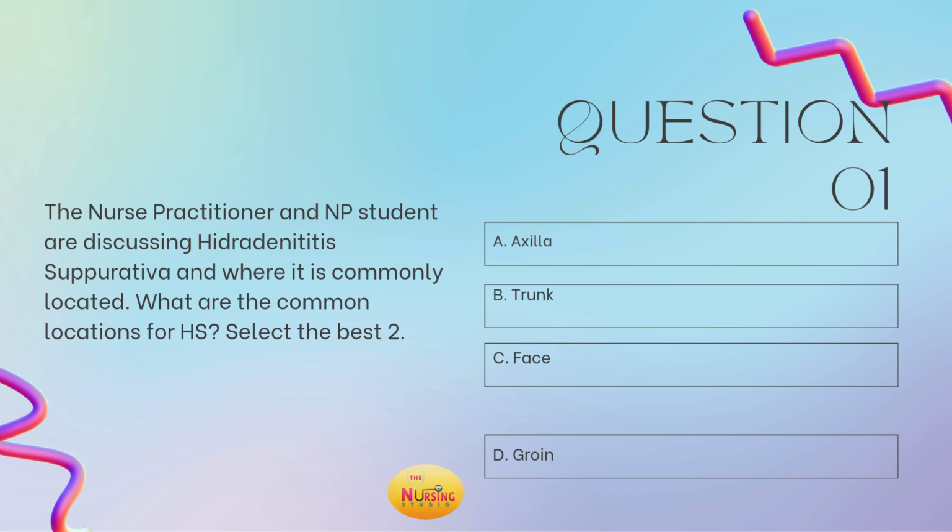And commonly with dermatologic disorders, they have a common pattern and location where they're found. And oftentimes we get so caught up when we're doing questions and we're reading it and we see that it gave us a location, but we get so consumed and we're just like blowing that off like, okay, well, that was just there. No, think about those common locations that should help narrow down your differential diagnoses, okay? So common locations for HS, hidradenitis suppurativa, is A, axilla, and D, groin, okay?